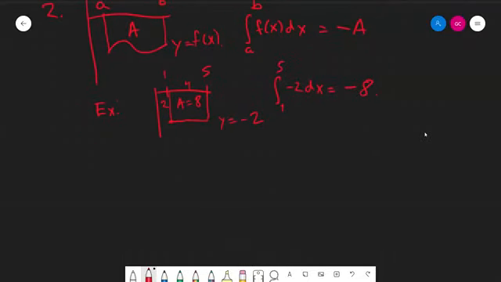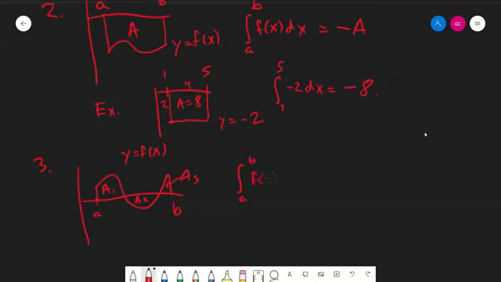Okay, well, what happens then if you have a function that is sometimes positive and sometimes negative? Well, then we have some parts, say like this first part here and this third part here, that define regions that are above the x-axis and some that are below.